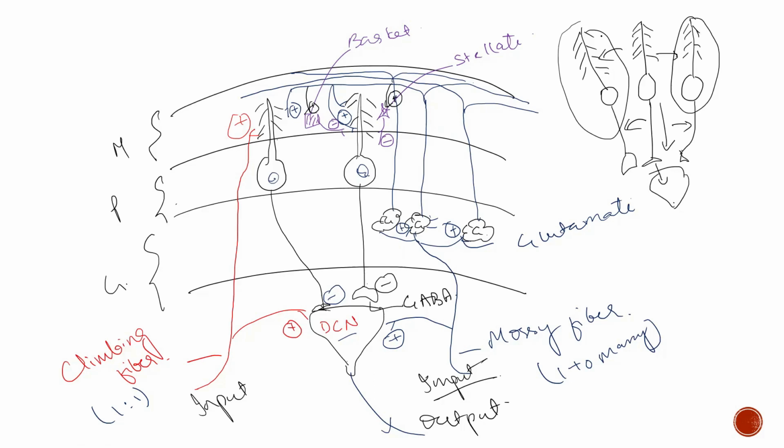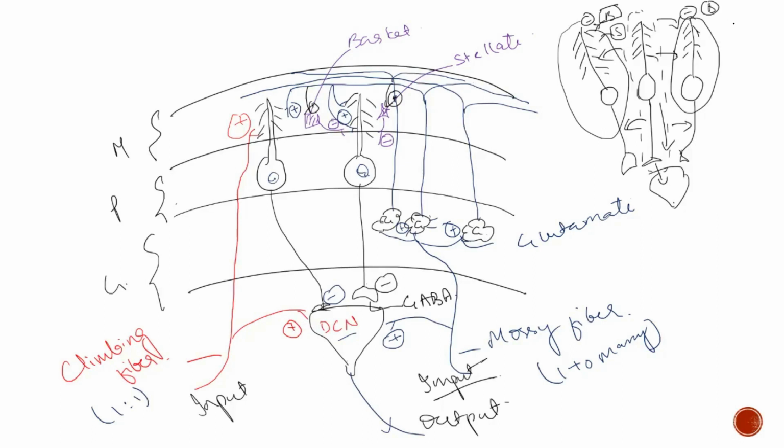Similarly, in the central nervous system, if I want this input, the signal, to be sent, I want to identify the signals which are coming from this central part, there has to be inhibition of the neighboring parts. How is that possible? That is possible by inhibiting them. And who is going to inhibit the neighboring ones? Inhibition will be via the basket cells. Inhibition will be via the stellate cells.